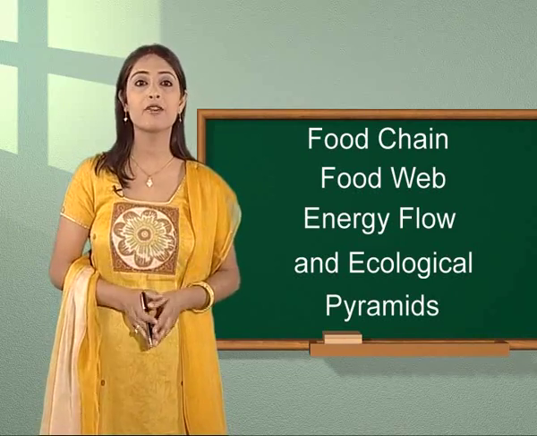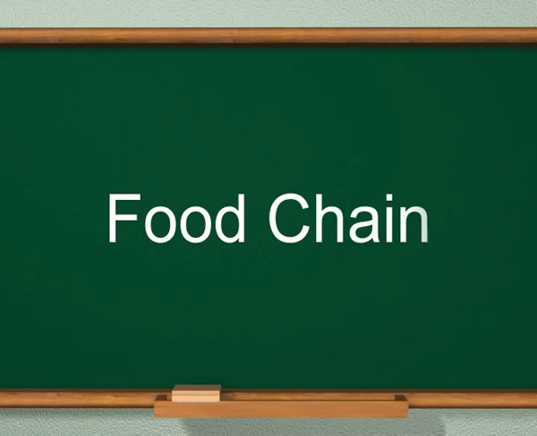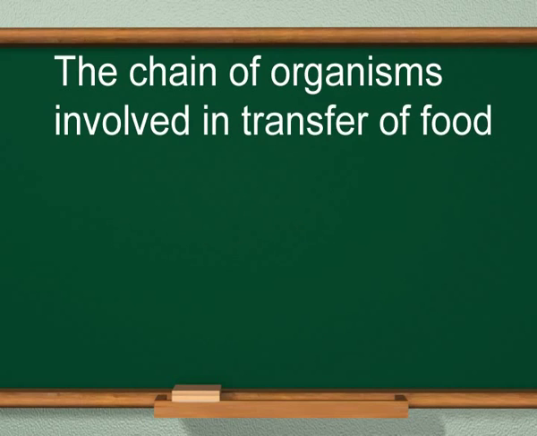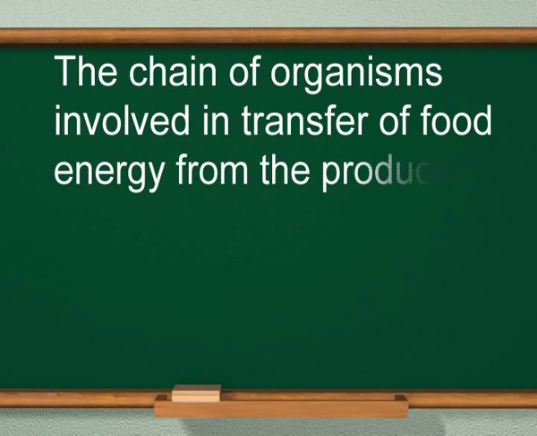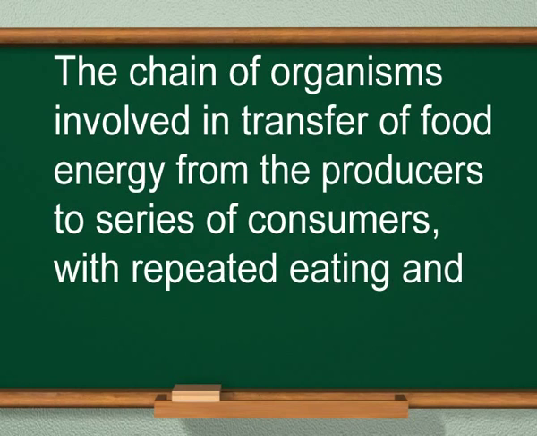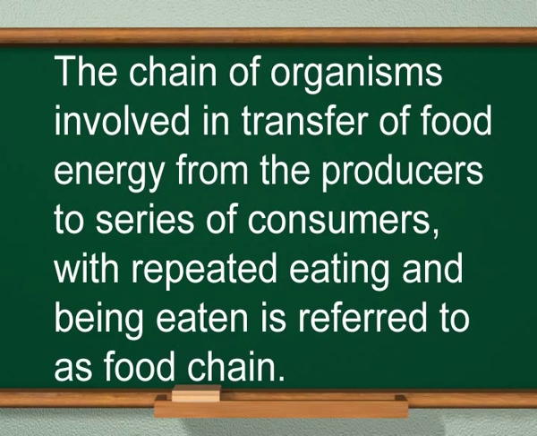Let us first clarify the definition of food chain. Food chain: the chain of organisms involved in transfer of food energy from the producers to a series of consumers with repeated eating and being eaten is referred to as food chain.